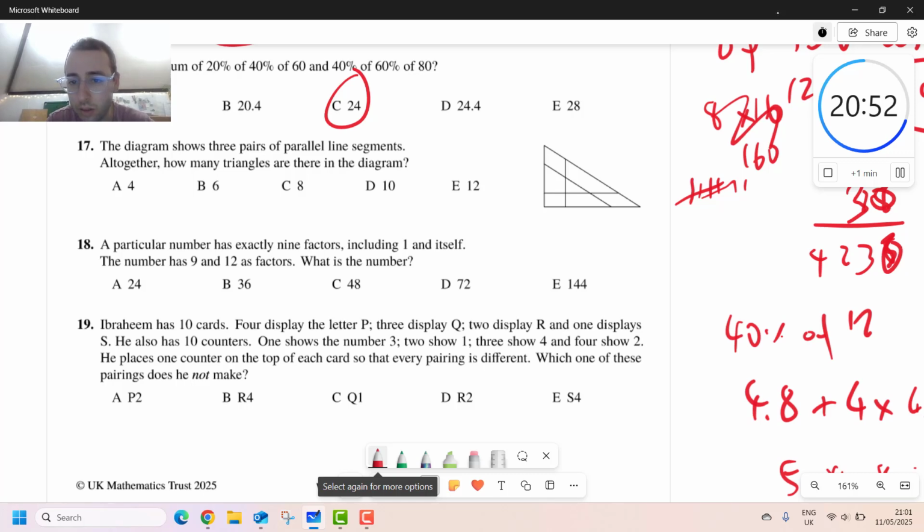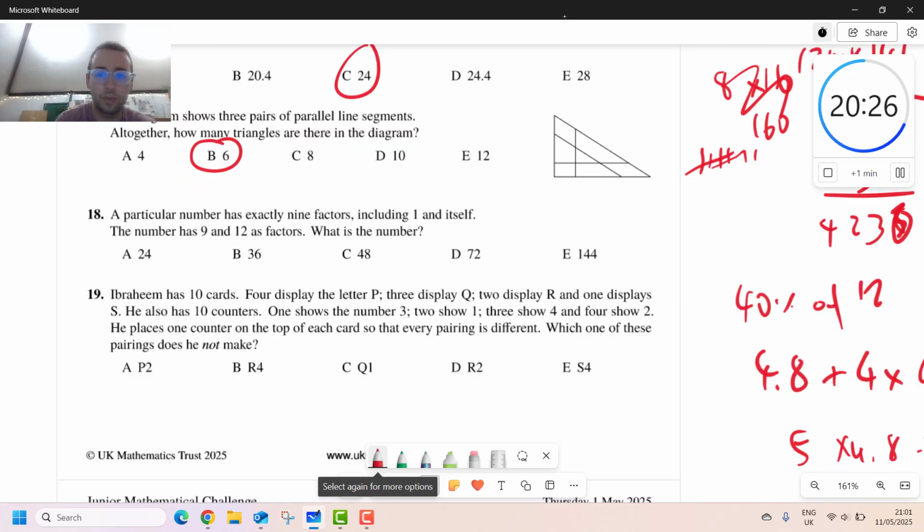Okay, 1, and then 2, and then 3. 2, and then 3, and then 4, and then 5, and 6, and then 7. Is it just 6? Oh, yeah, that could be wrong.